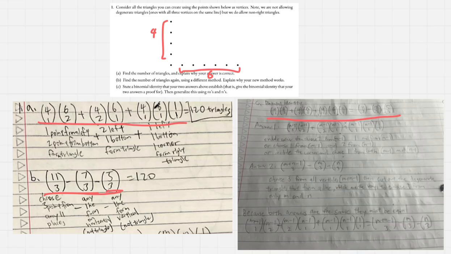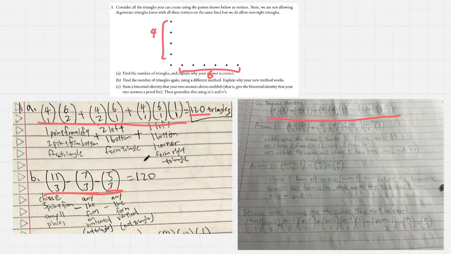The third triangle we can form using this method is a right triangle, using any 1 point from these 4 and any 1 point from these 6 in the corner block to form a right triangle like this, or like this, just choosing any 1 point from here and 1 point from here and then using the corner block. And we're adding all these because it's either this, or this to form a triangle. If we add it all up, we'll get a total of 120 triangles.